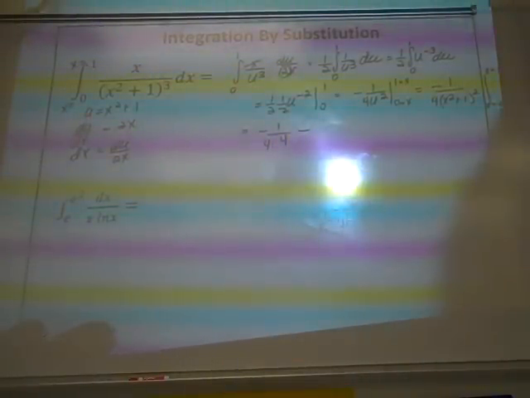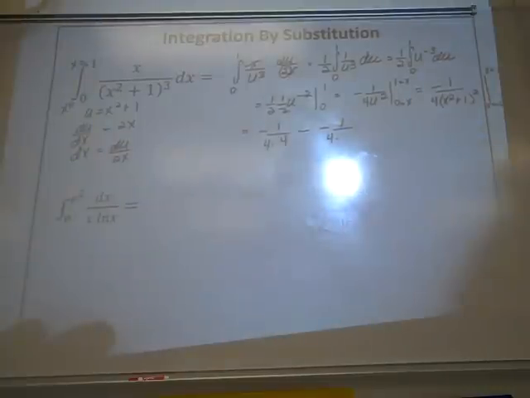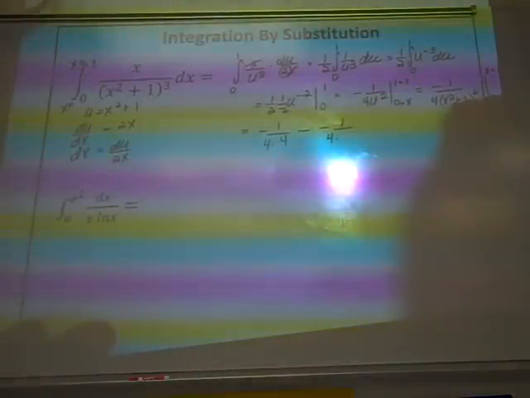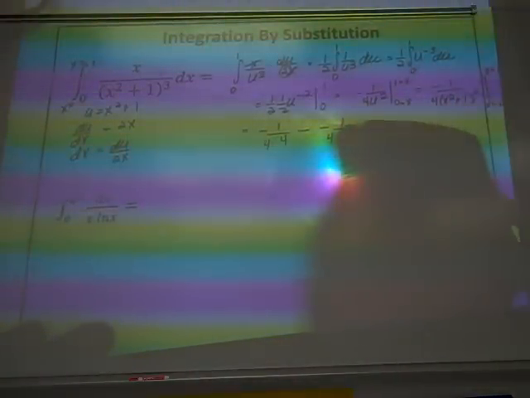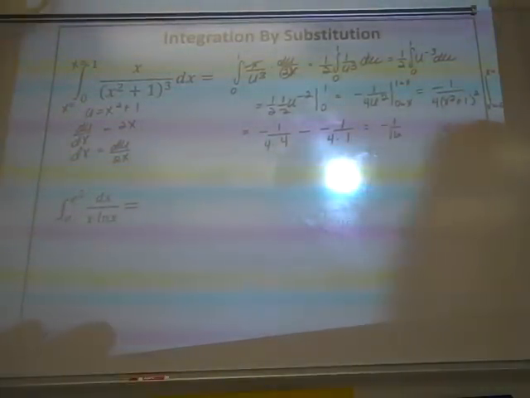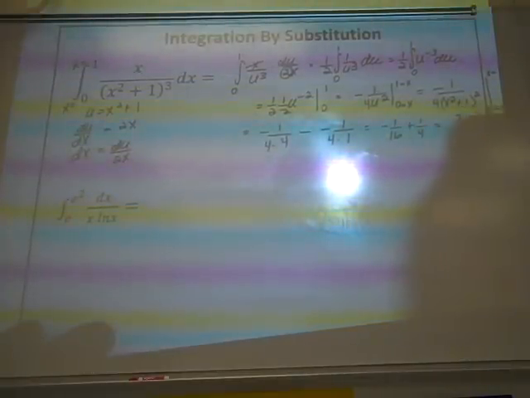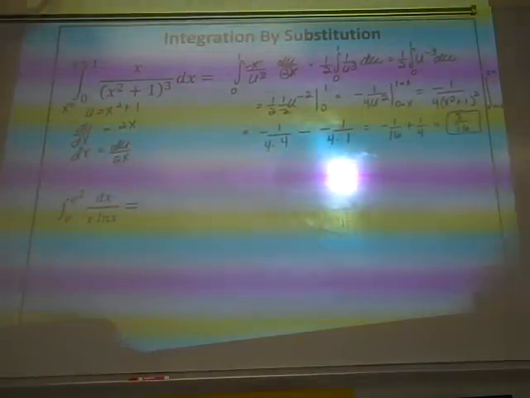Now evaluate that function at 0. You're going to get negative 1 over 4. 0 squared is 0, plus 1 is 1. 1 squared is 1. That gets you to negative 1 over 16, plus 1/4. If you get a common denominator, that becomes 4/16, and you get 3/16 as your final answer.